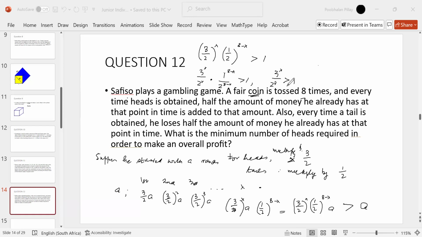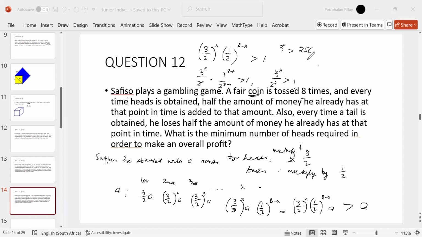Now 2 to the power of 8 you can actually calculate. So that gives you 3 to the power of X is greater than 2 to the power of 8, which is 256, right? Now you just try out various values of x, and you ask yourself, which is the first? It's a minimum, you see. So what is the first value of x which will give you this?